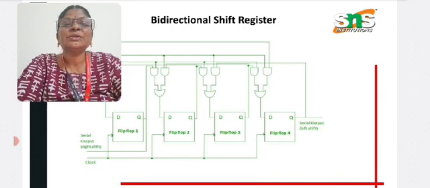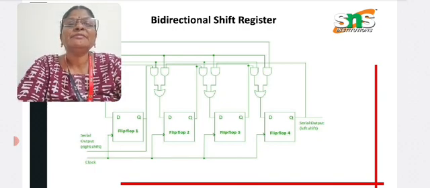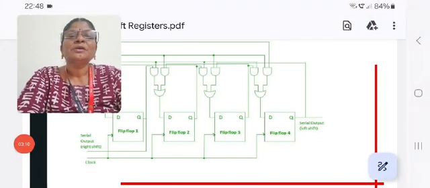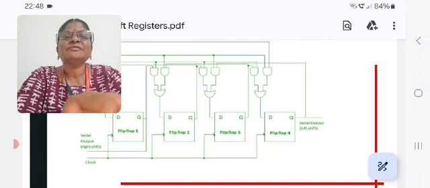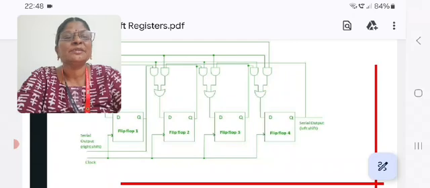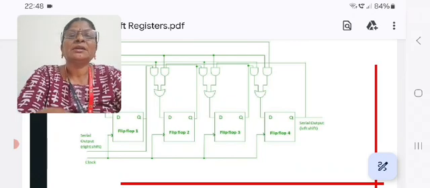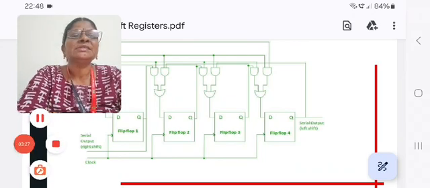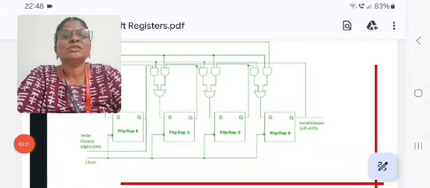As I said, you can see 4 flip-flops here, and all are D flip-flops. You can see the first flip-flop input, then the second, third and fourth flip-flop. In between each flip-flop, we have gate circuits like AND and OR gates, which act as per their logic function.